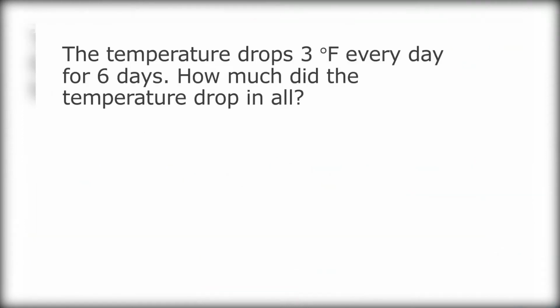So my answer will be the overall change in his account was negative $350. The following problem says the temperature drops 3 degrees Fahrenheit every day for 6 days. So we have our keyword here, we have our key information, and then it says how much did the temperature drop in all. So in order for us to be able to solve this problem, we need to multiply the drop.